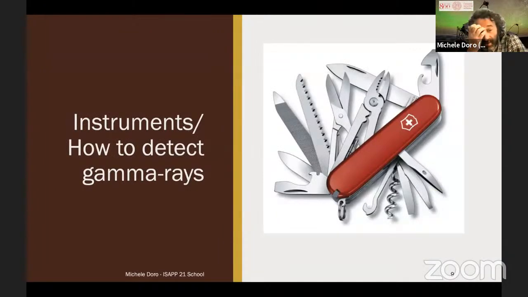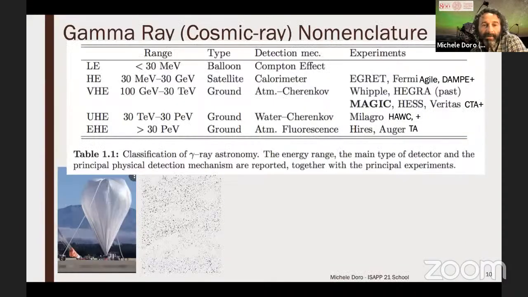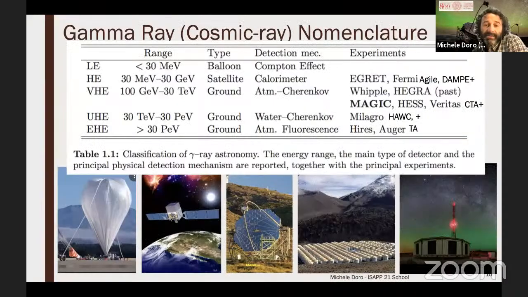So how do we detect all these gamma rays? What instruments do we need? The first thing, again a recall from past week, is that we have a certain classification of gamma rays and cosmic rays. We call low energies those gamma rays below 30 MeV, in which the only technique is the Compton effect.